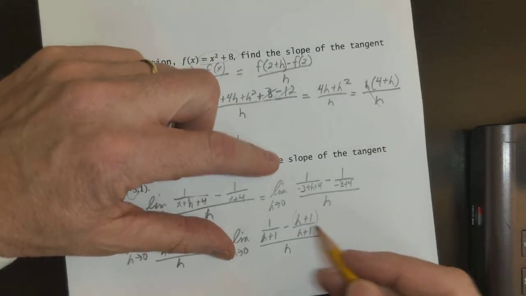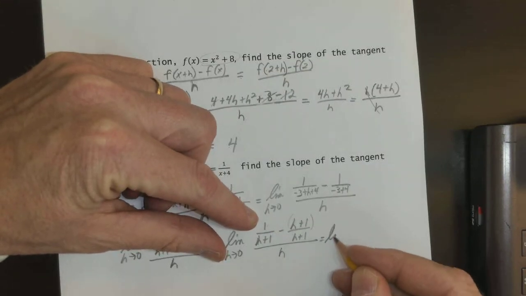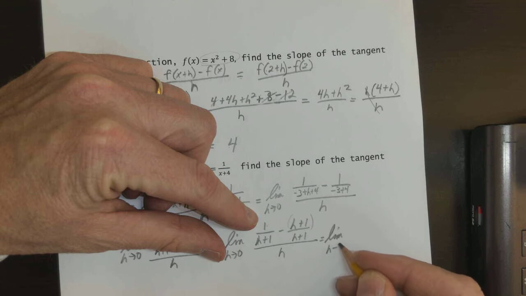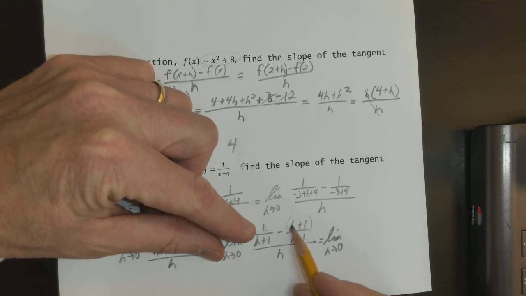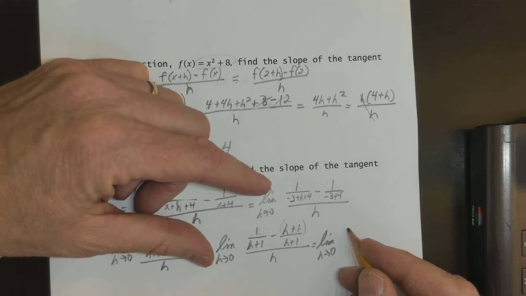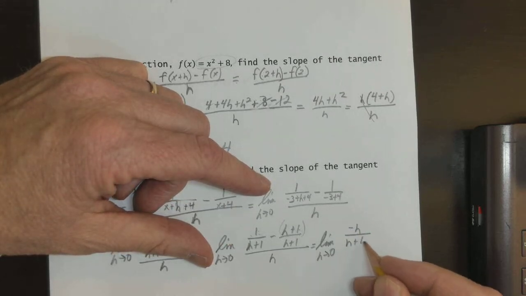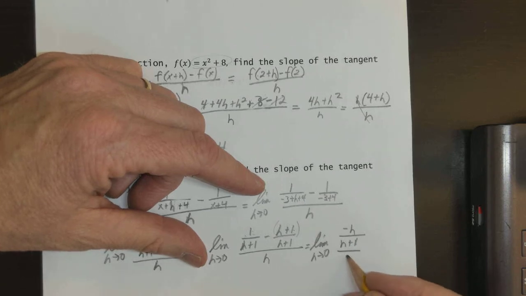So it's 1 minus h minus 1. That 1 and minus 1 will cancel out. So I'm looking at negative h over h plus 1, over h.